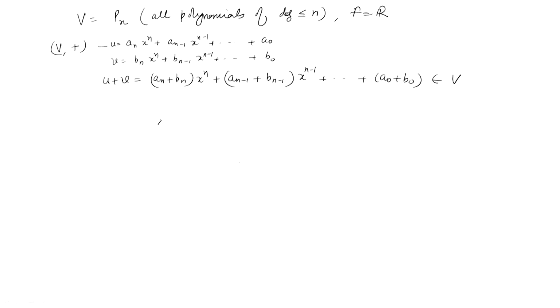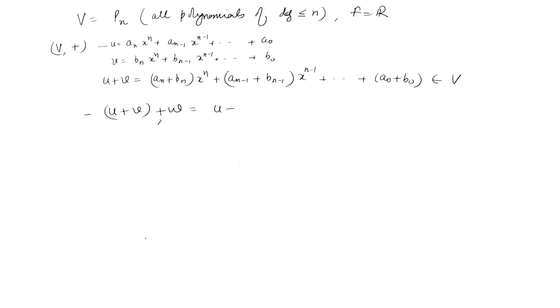The second property is associativity. That is very easy to show. (u plus v) plus w is equal to u plus (v plus w) for every u, v, w belonging to V. You can easily show that. You take the left hand side and solve it, or from the left hand side itself you can easily show the right hand side.